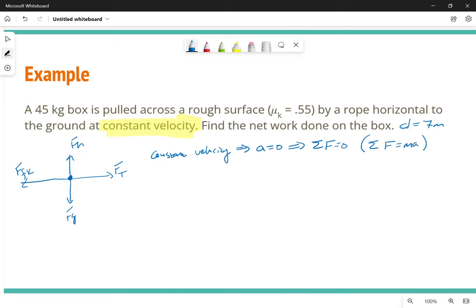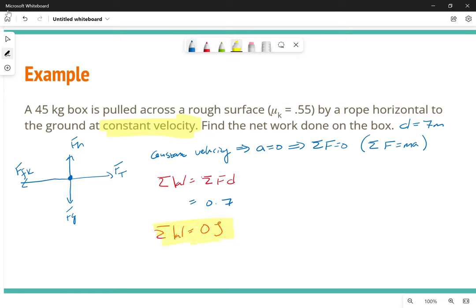And if the net force is 0, then I could use this approach, that the net work is equal to the net force times d. And then I'm just doing a net force of 0 times d of 7. And what I end up with is that the net work is equal to 0 joules.